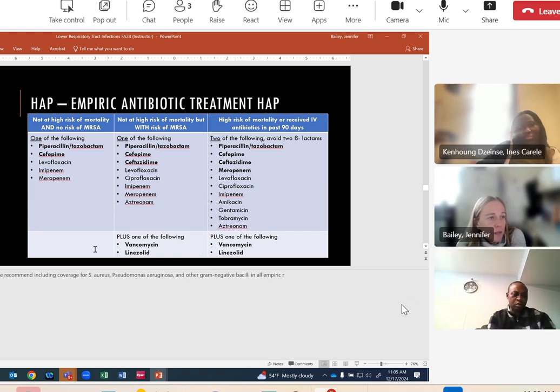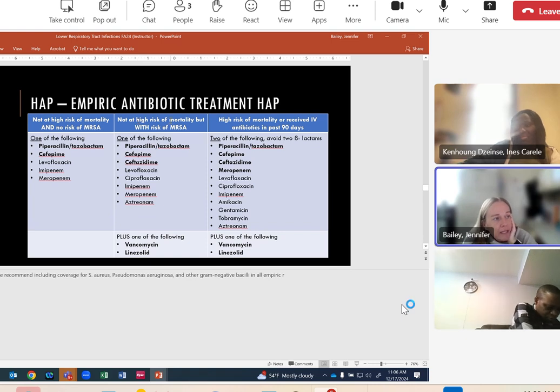And so the breakdown is a little bit different than in community-acquired pneumonia. And these are sort of the three classifications. So not at high risk of mortality and no risk of MRSA.